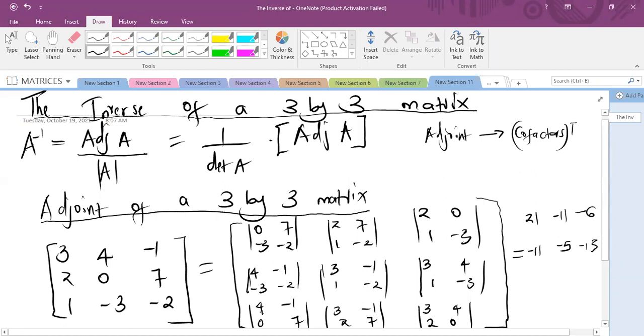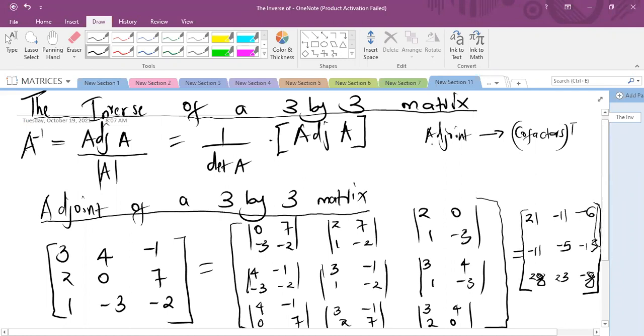Here we have 28 minus 0, so that will give us 28. And here we have 21 plus 2, so that will give us 23. And then this is 0 minus 8, so that will give us minus 8. I want to write the brackets. So that's what we get there.